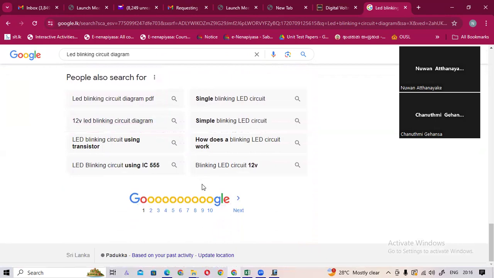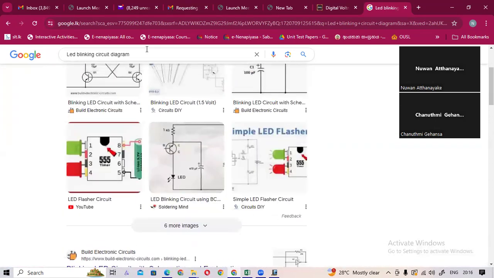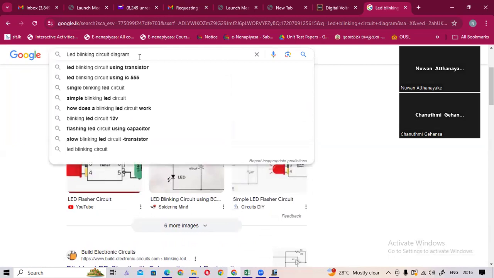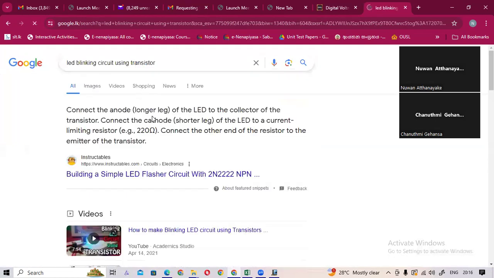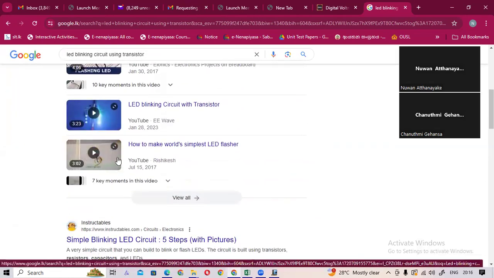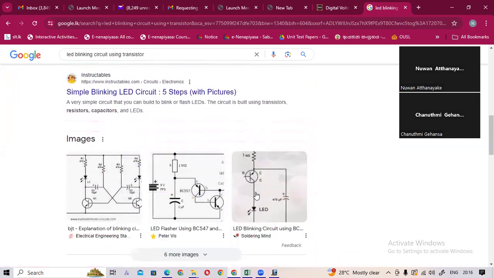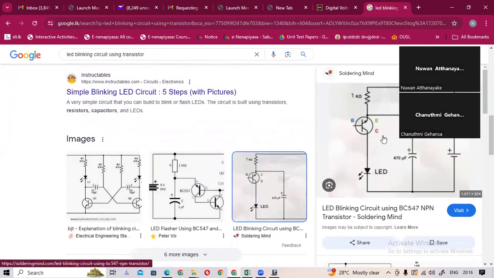Actually, it uses one resistor, one capacitor, and a diode, using one transistor. I think this one, maybe. Simple LED flasher. Maybe you can see it, this is the circuit diagram.